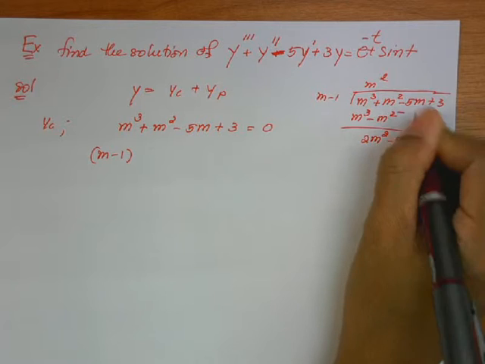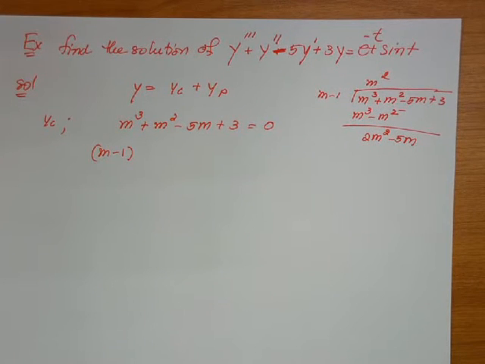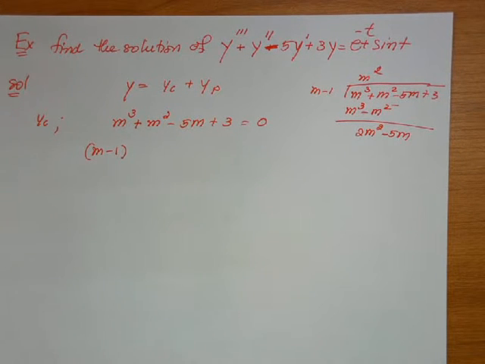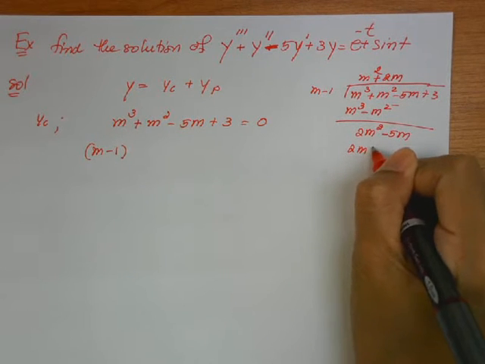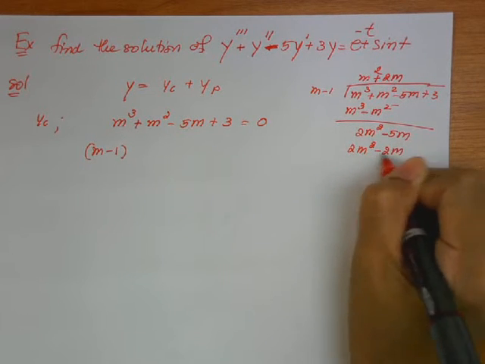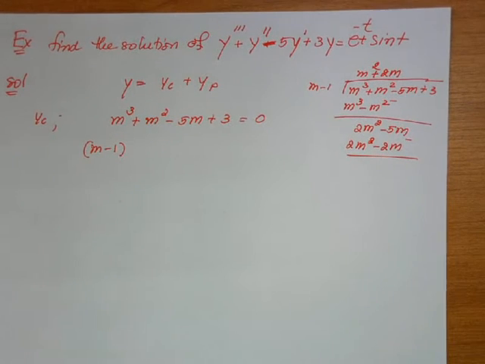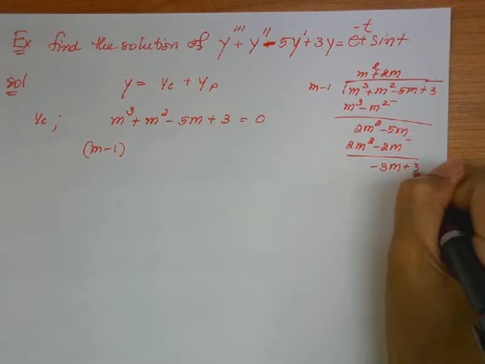And then you take minus 5 down. What times m equals 2m squared? 2m. What do we get? Minus 5m minus 2m, minus 3m, and take the 3 down.